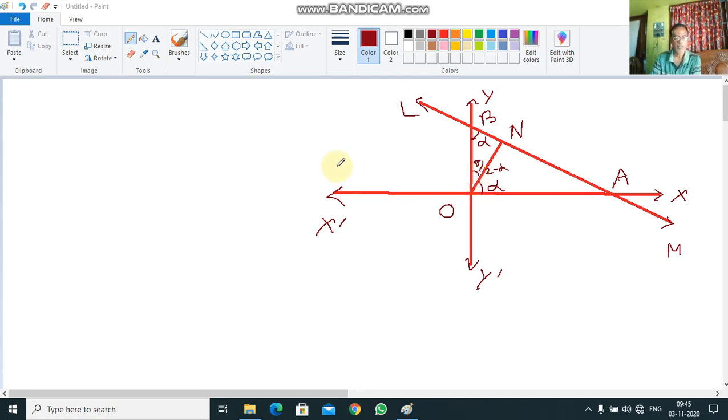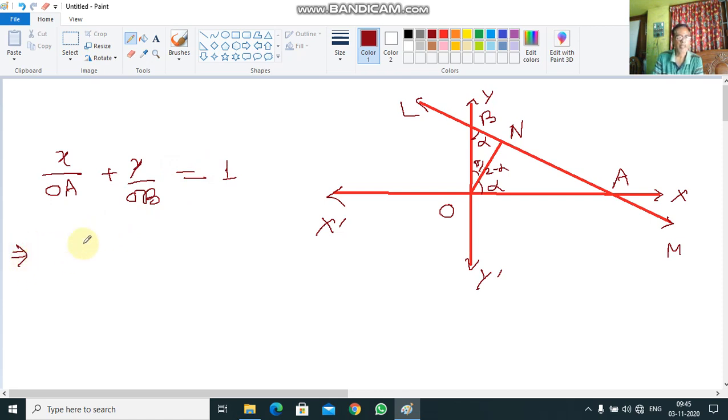Since the intercepts of the line LM on the x-axis and y-axis are OA and OB respectively, the required equation of the line LM is x by a plus y by b is equal to 1.